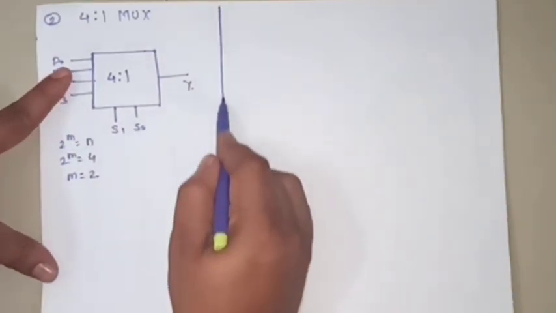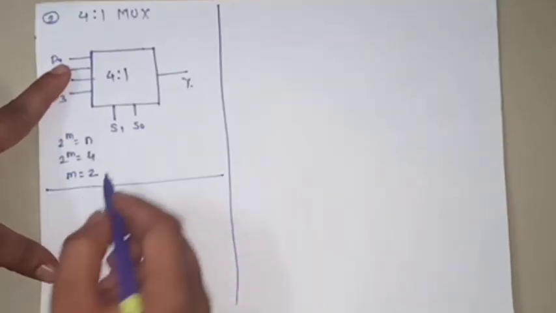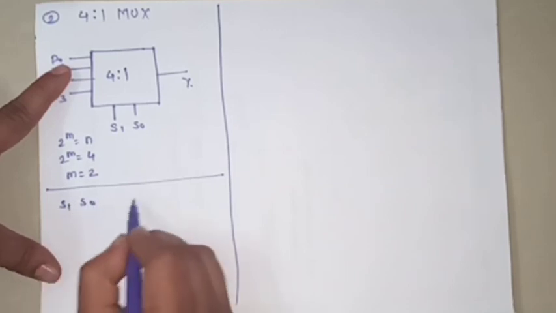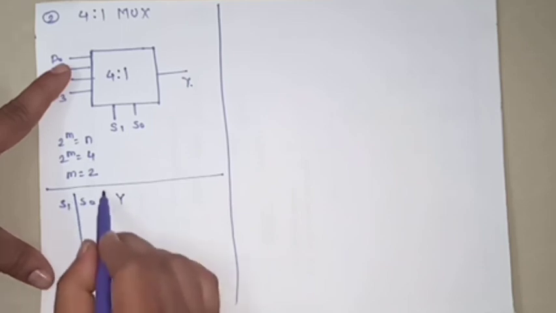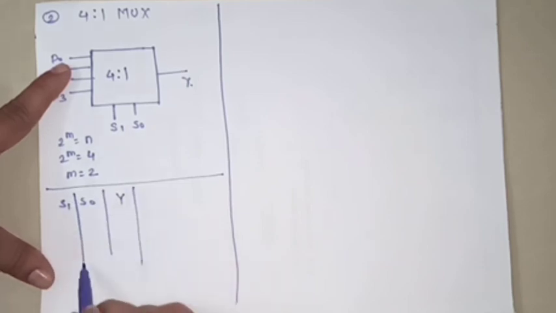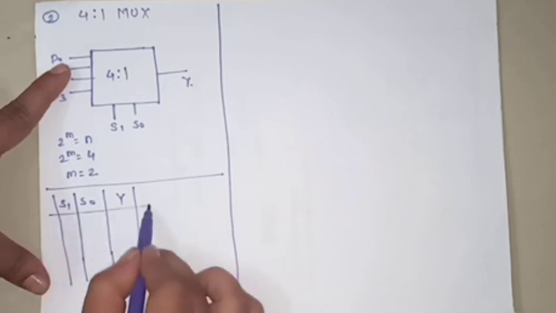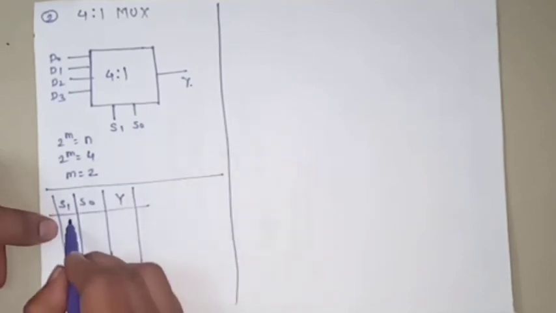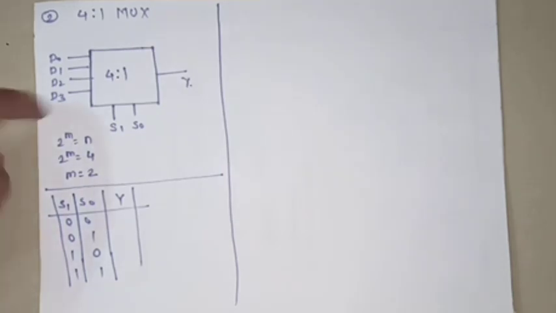Next we will draw the truth table. First we will draw the operational table, with S1, S0 and output Y. First we draw a simple table, and then we go through the full truth table. The possible combinations of the select lines are 0 0, 0 1, 1 0 or 1 1. If 2 select lines are there, we get 4 possible combinations.